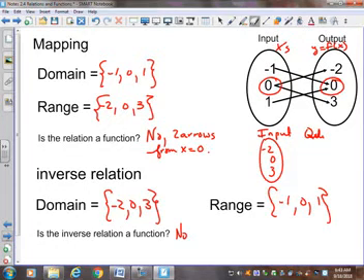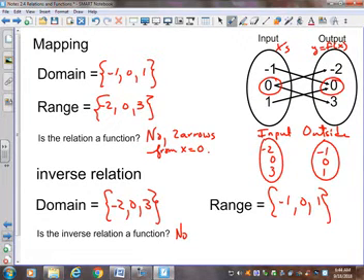Now let me try that again. And I'll retrace what the outputs went with. So negative 2 went with 0. So I'll point negative 2 to 0. 0 went to negative 1 and positive 1. And 3 went to 0.